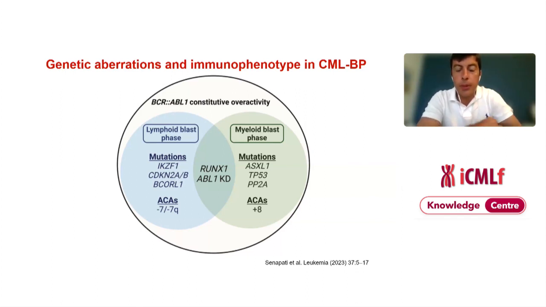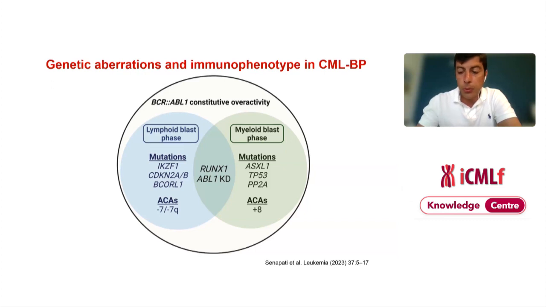It is very important to underline that the molecular abnormalities and also cytogenetic abnormalities are different according to the phenotype of blast crisis. We have specific mutations that have been described in lymphoid blast phase and specific mutations that have been described in myeloid blast phase. So it is very important from a biological point of view, but also from a therapeutic point of view.